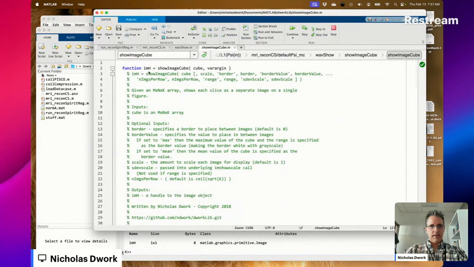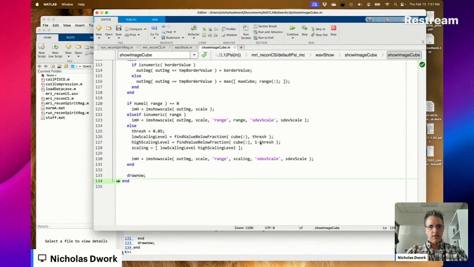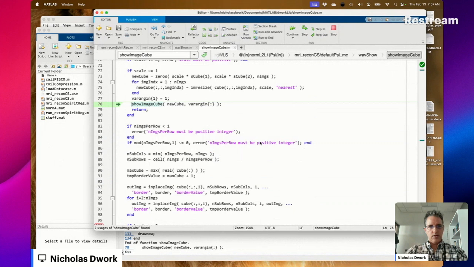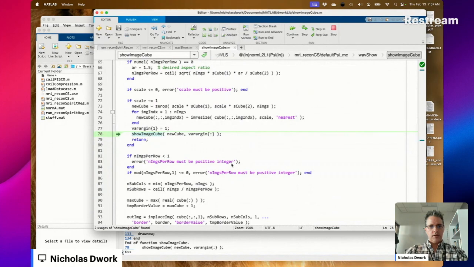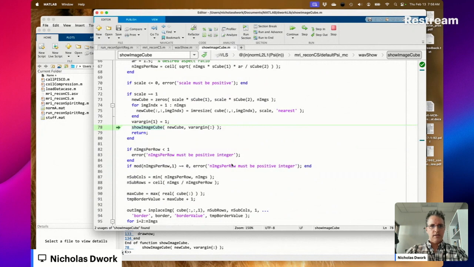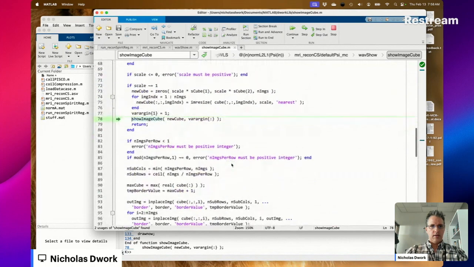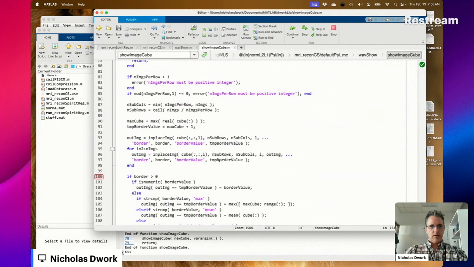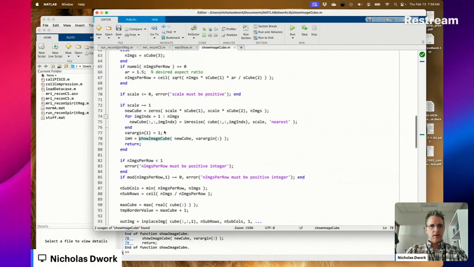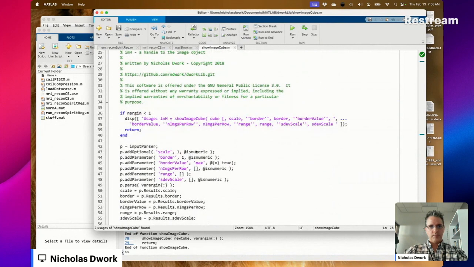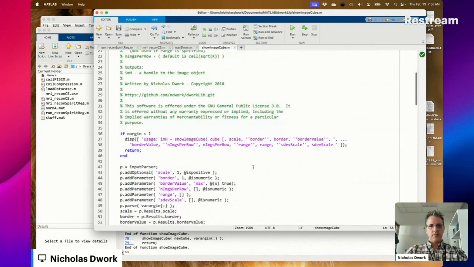So show image cube is recursive. I didn't know that is positive.